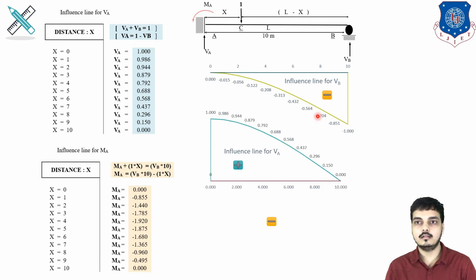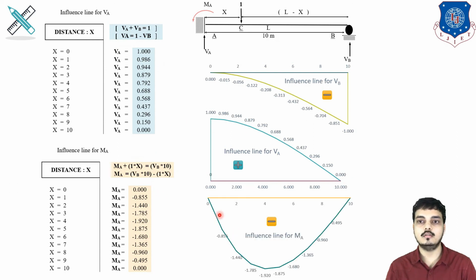Similarly, with the help of this table, we have to find the diagram for VA, and with the help of this table, we will find the diagram for MA. So this was the diagram for the influence line.